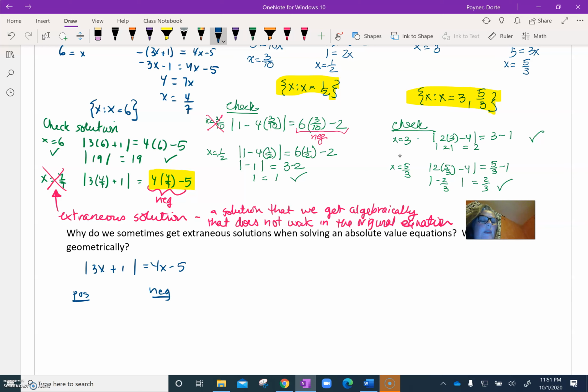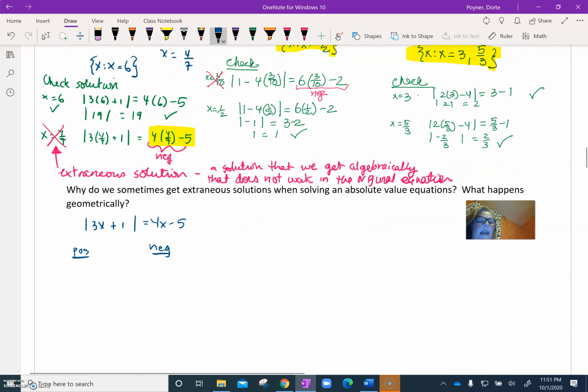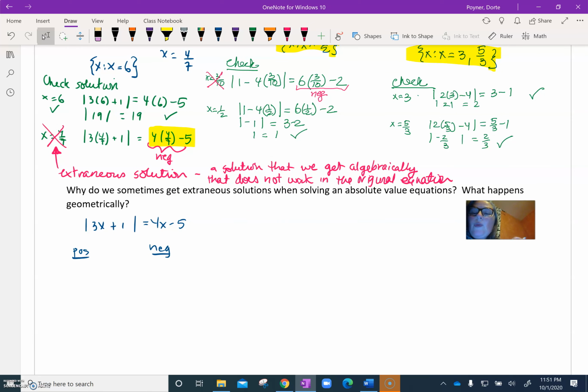But as soon as I rewrite them as positive and negative, I am rewriting how it behaves, and the absolute value is gone. I'm treating the positive version as something without absolute value, so I had 3x plus 1 is equal to 4x minus 5. For algebraic convenience, I'm actually changing how the equation is behaving, but it's just so we can mechanically find the pieces.